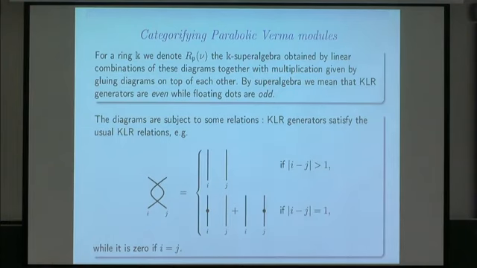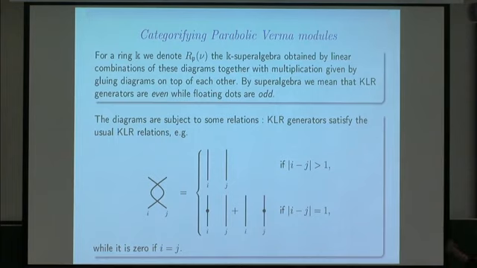Good. So now, in the spirit of KLR, define a K-superalgebra, defined by K-linear combinations of these diagrams, where the multiplication, as usual, is concatenation of diagrams if the labels agree, and 0 otherwise, modulo isotopies that don't change the height function.